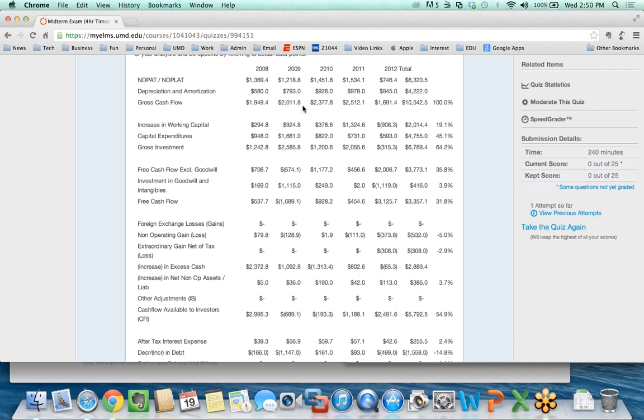Although this company had pretty stable growth in its gross cash flow through 2011, and then a big drop off in 2012 in its gross cash flow, which it mitigated by essentially disinvesting in the firm.